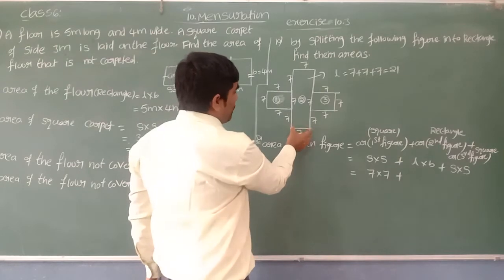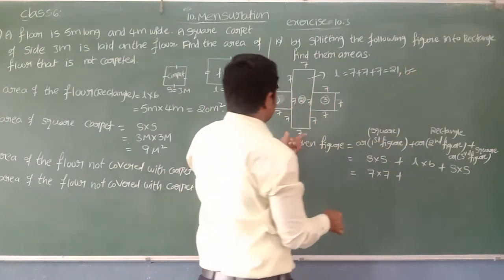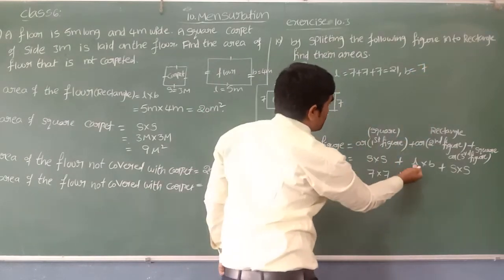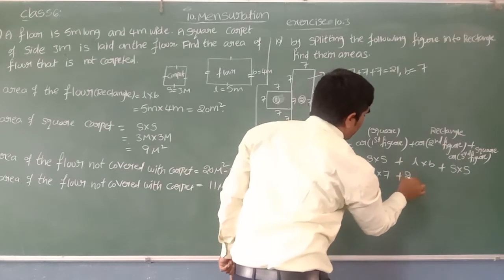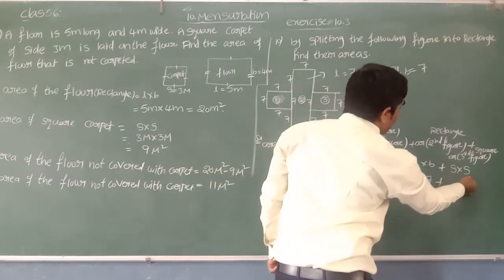And you can see the breadth of the second figure is 7. So in the place of length we can write 21 into breadth 7, plus side into side.